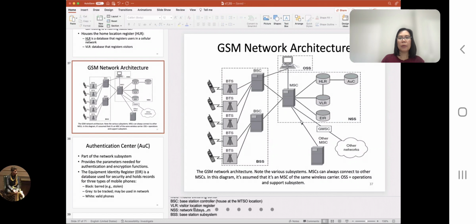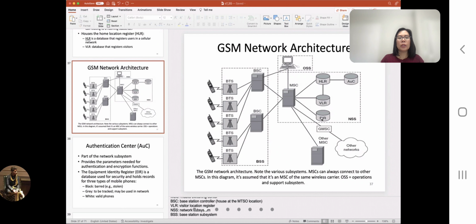The equipment identity register is a database used for security purposes, and it contains the records of all the mobile phones from the home location register or the visitor location register.